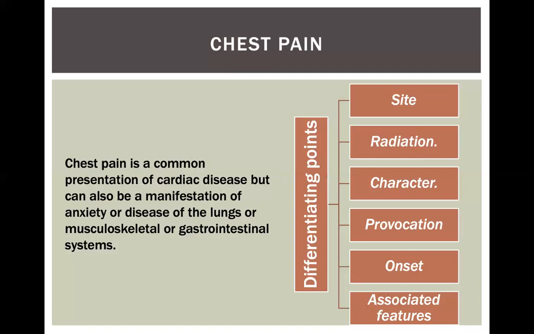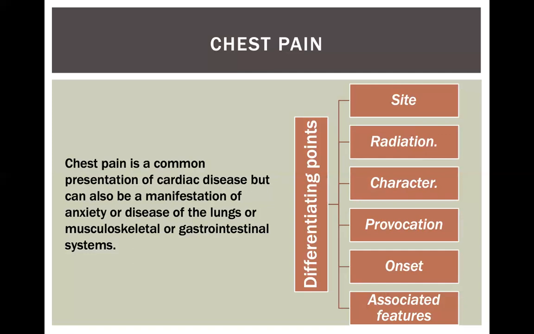The differentiating points between different types of chest pain depend on these 6 points. First thing, the site. The site is very important because ischemic pain is retrosternal or central in site. Another important feature of ischemic chest pain is that it is ill-localized, meaning not well-localized.